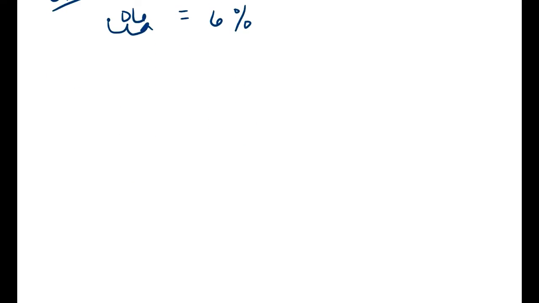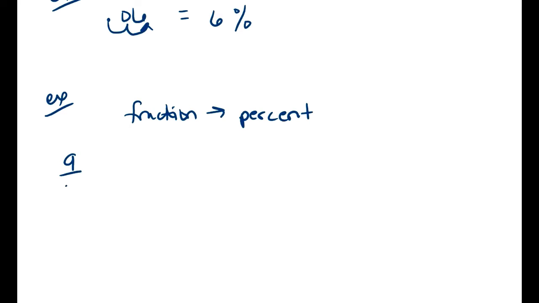Now, what if we had a fraction and we wanted to convert the fraction to a percent? So let's say we had something like 9/25. So the first thing we have to do is convert it to a decimal.